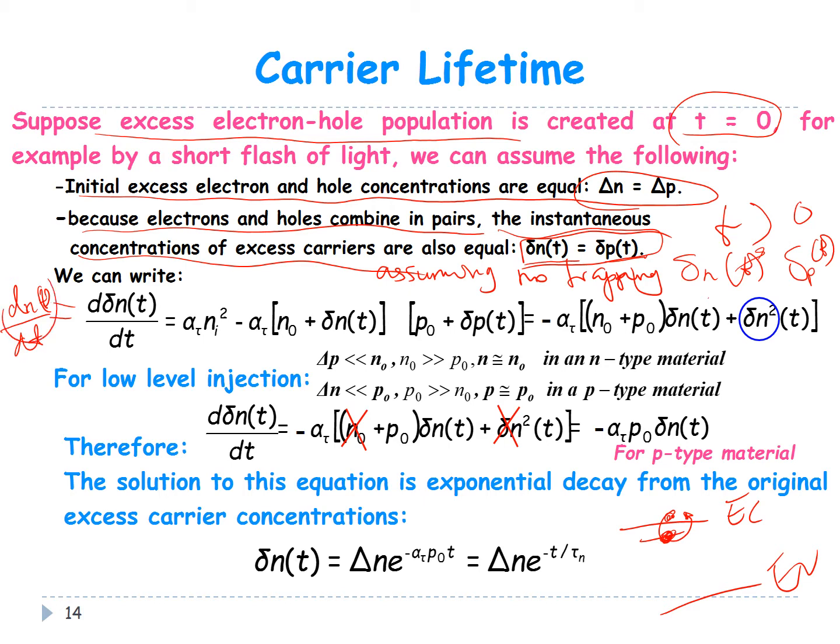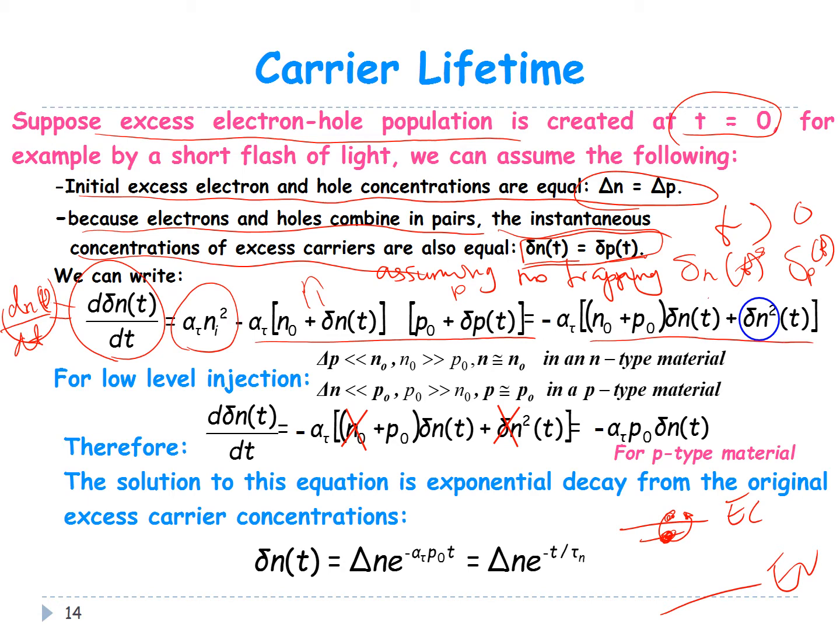So this is equal to that, and you remember our dN/dt was equal to the generation rate minus the recombination rate, and for the recombination rate we had n, so the total number of electrons is equal to the equilibrium concentration plus the excess electron concentration. The same applies to the hole concentration. It's equal to the equilibrium hole concentration plus the excess hole concentration. Now if you expand the brackets, you get this term there.